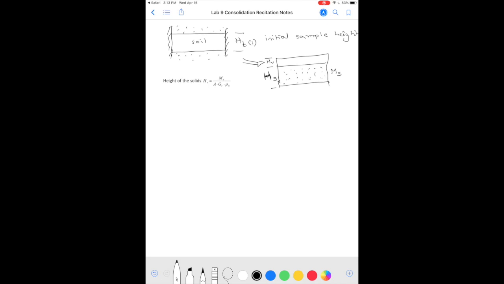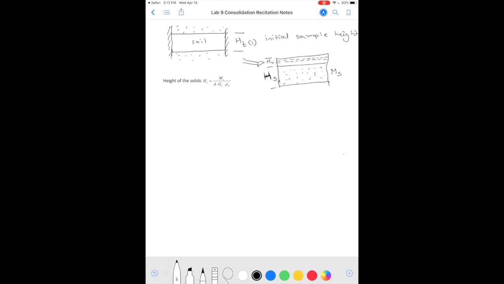So the only thing that is going to change with applied load is that the void space is going to become smaller and smaller.